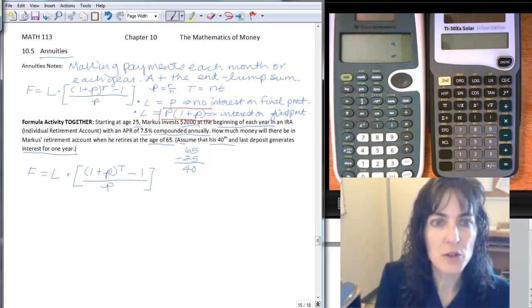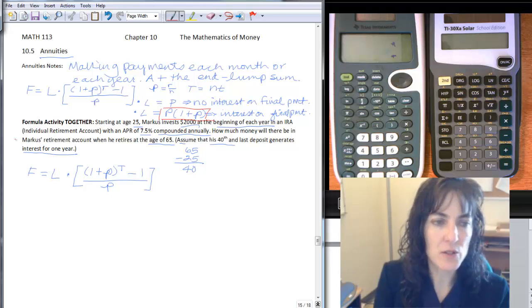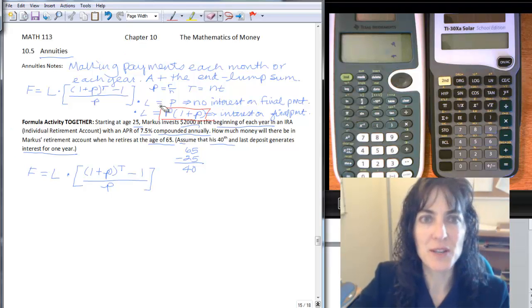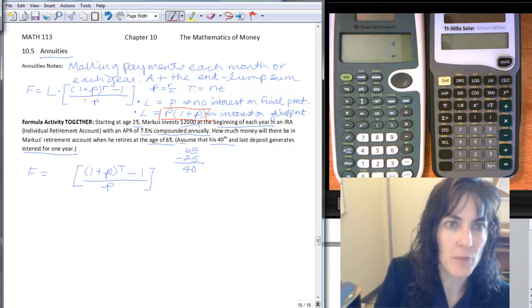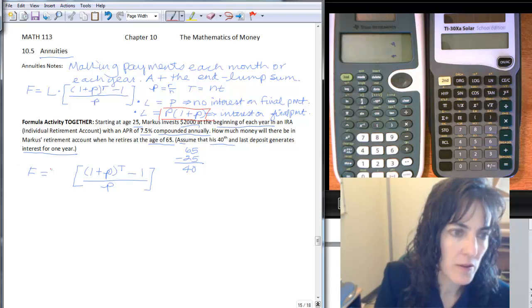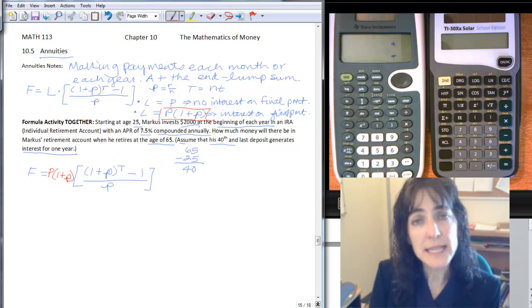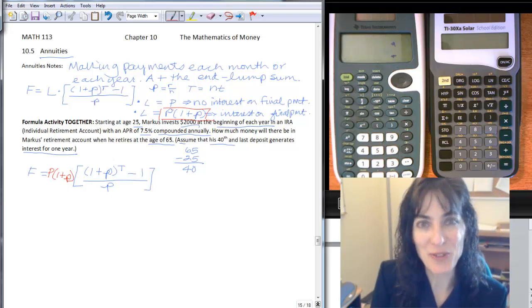So I do need to use that instead of the L, so I'm just going to erase that L and put in that P times the quantity 1 plus little p. So I have big P times the quantity 1 plus little p. And you can see how this can get very complicated very quickly.